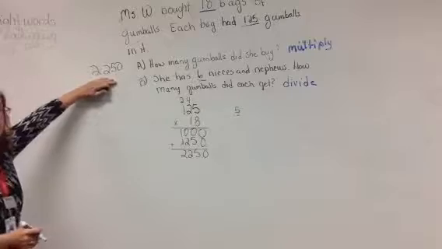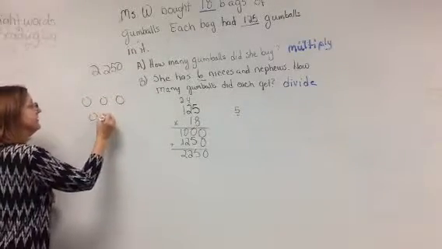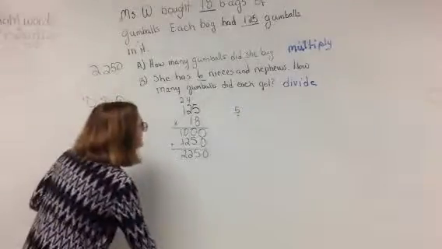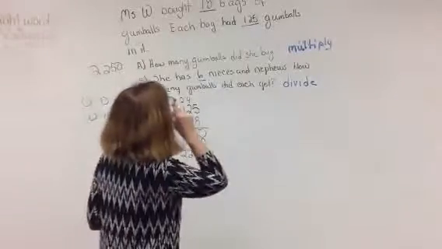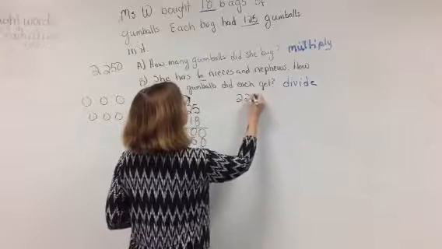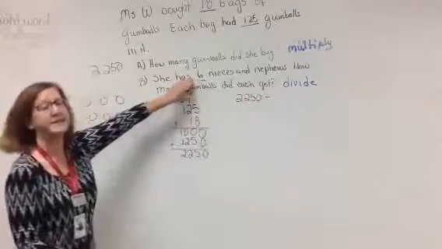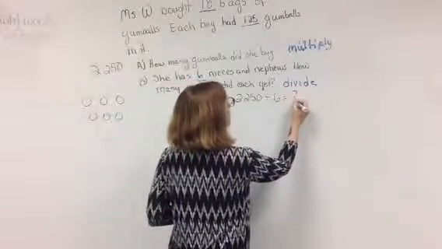I need to sort these gumballs into 6 different piles for each of her nieces and nephews. Now, how can I do that? I'm going to erase that 5, and I'm going to do my problem so that I'm dividing 2,250 divided by what number? 6. 6 nieces and nephews equals what?